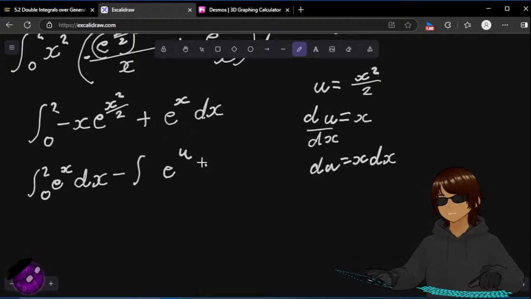X dx will become du. But then instead of, okay, 0 is fine. Instead of 2, 2 is also fine. 2 is fine. It's fine.